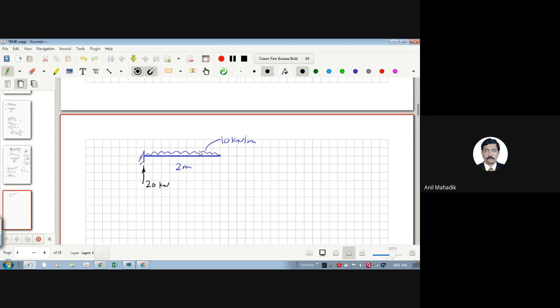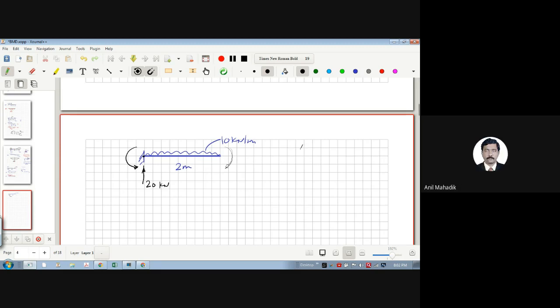Okay, then this moment, the action moment, is in which direction? As the force is downward, it will be clockwise. So as it is clockwise, the reaction will be anti-clockwise. What is the moment at this point? 20 only.